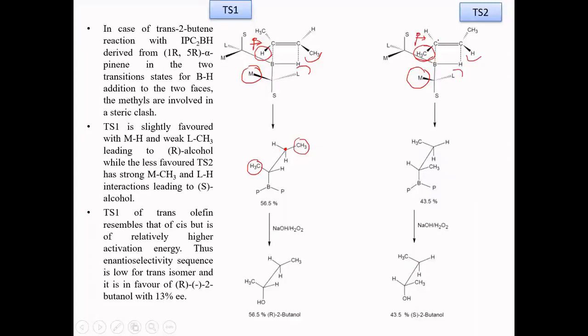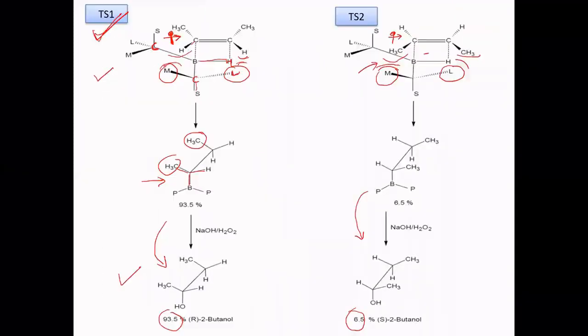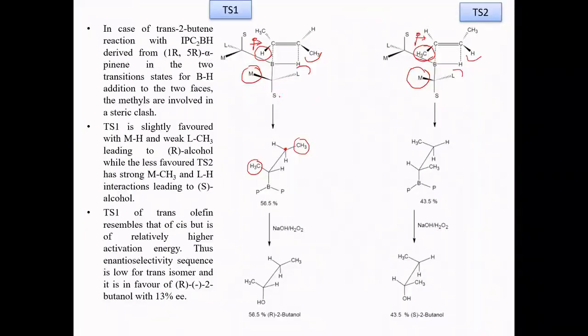Okay, so that means what? One is having proton interaction and one is having methyl interaction. Previous case, this was having both proton interaction and this was having both methyl interaction. तो ये सबसे stable है और ये सबसे unstable है. But in this case, you can see there is one proton and one methyl interaction.